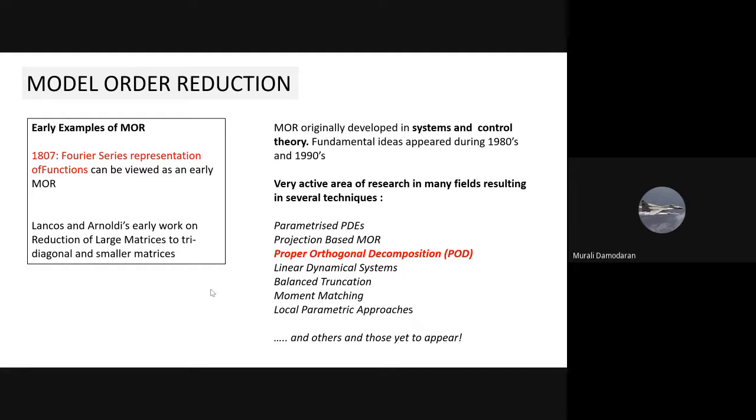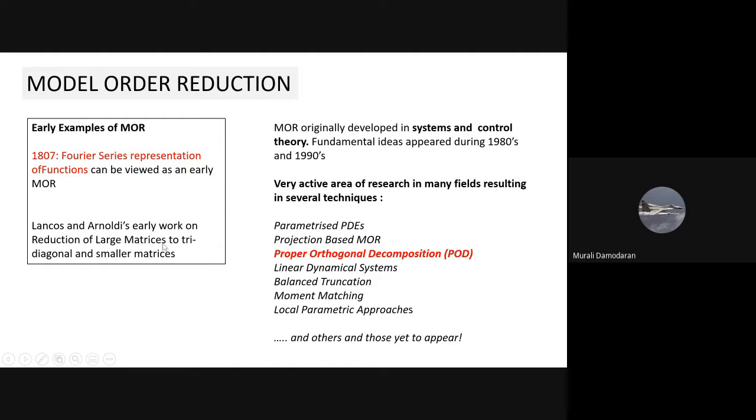And then the work of Lanczos and Arnoldi in matrix reduction, reducing the matrix to tridiagonal and smaller matrices. When you are solving systems of algebraic equations, if you have a large system, you end up having large matrices.